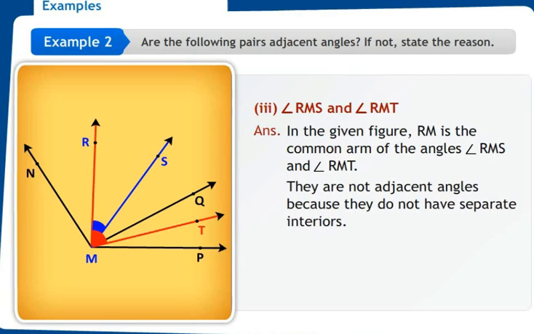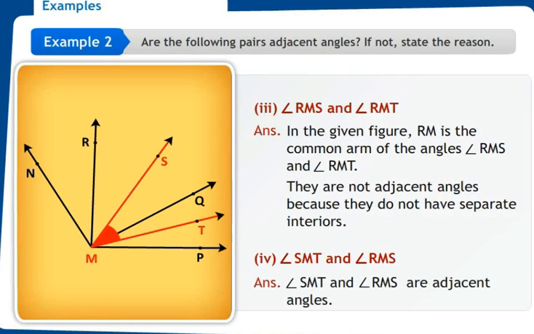That is the reason why angle RMS and angle RMT, even though they have a common vertex and a common arm, since they do not have a separate interior, they are not adjacent angles. So, separate interior plays an important role for the formation of adjacent angles.